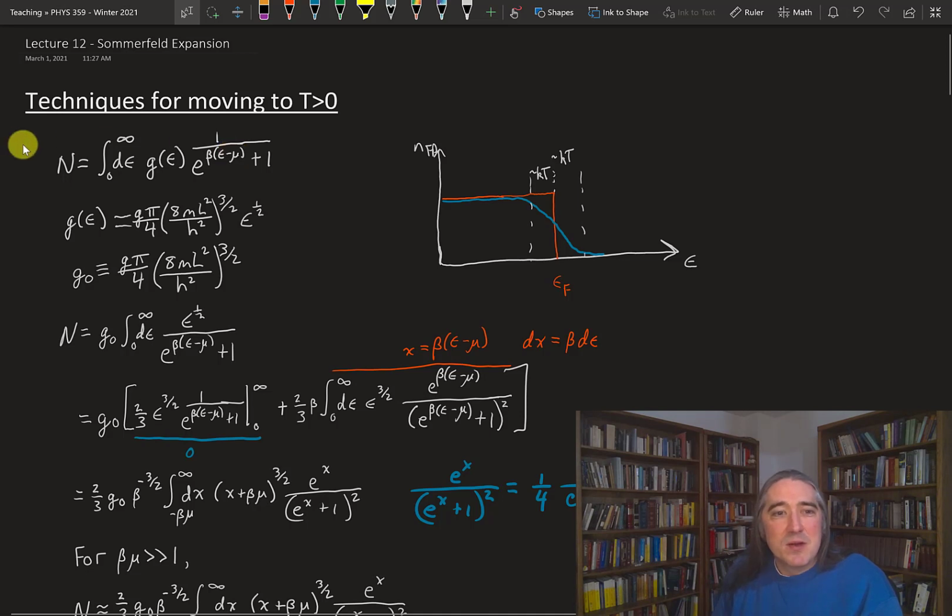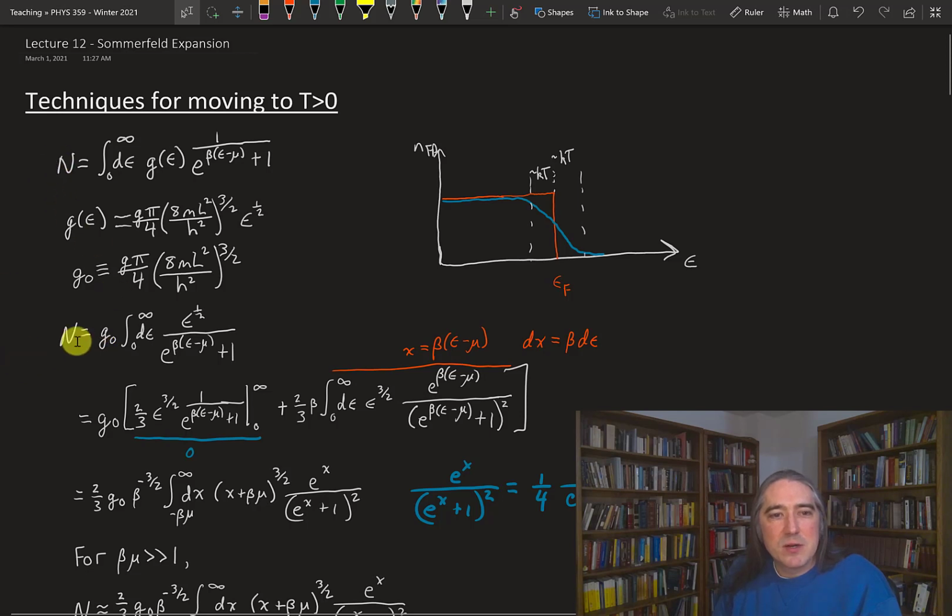Okay, so we've got this expression for the number. We had this expression for a density of states that pops into there. And to make life a little easier, instead of having to carry around all of these constants, we're going to wrap them up and call them G naught, so that we can see the functional dependence of this integral.